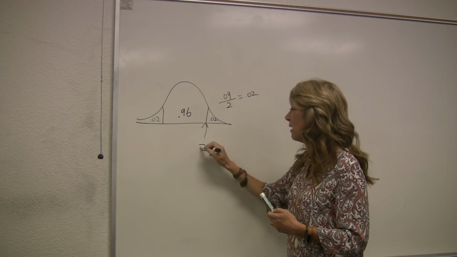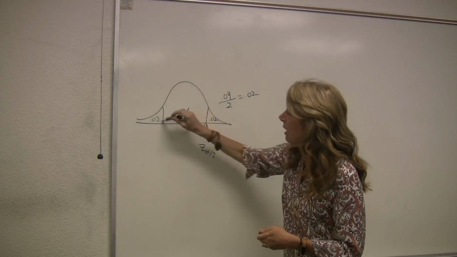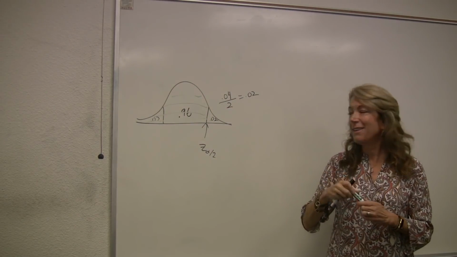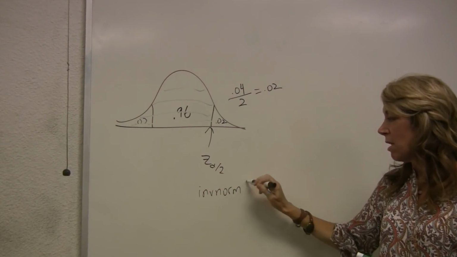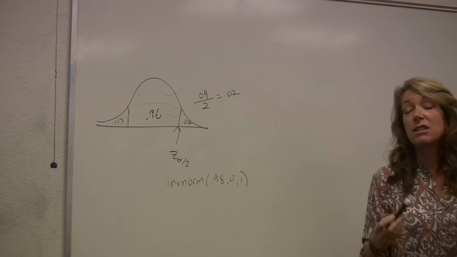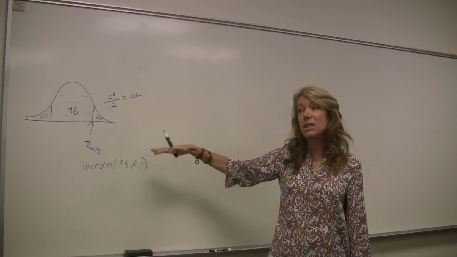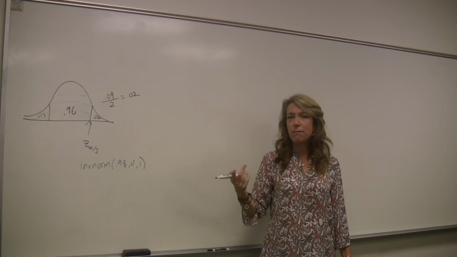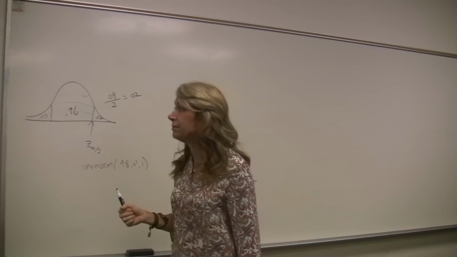Finding this Z right here is inverse norm of everything to your left. Remember it now? So that would have been an inverse norm of 0.98 with 0 and 1. So the nice thing is if it's 90, 95, or 99, you don't have to do any work. But if it's anything else, we can do it. We just have to draw the picture and use inverse norm to get those critical values. Which is why you have those online problems asking you to find those critical values, and the ones on your lab to make sure you get that practice down.